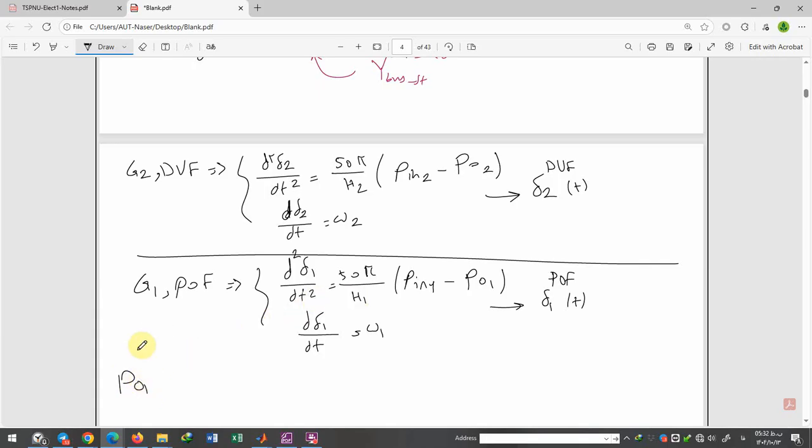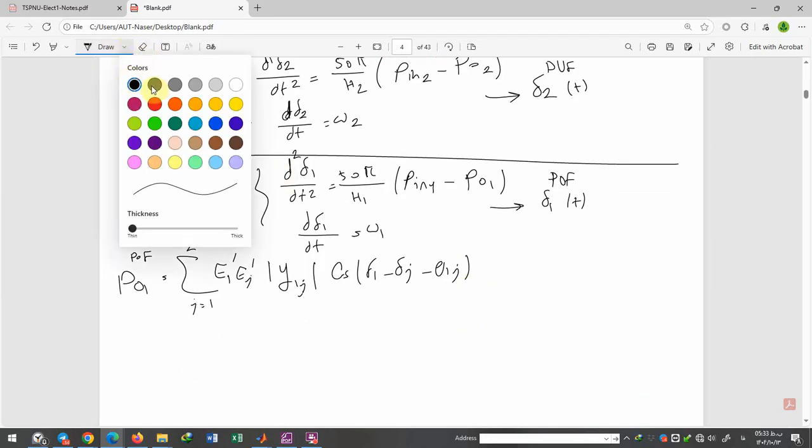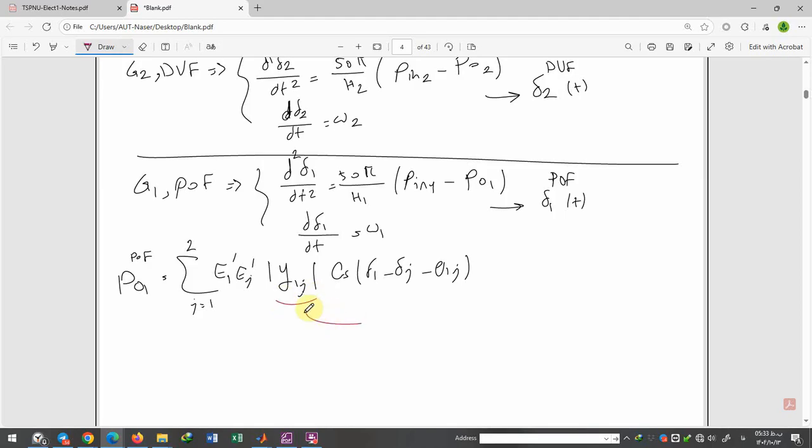Pe1 in post-fault is equal to the sum over j equal to 1, 2 of E1 prime, Ej prime, Y1j magnitude, cosine of delta 1 minus delta j minus theta 1j, and you have to use Y bus stability post-fault reduction for the magnitude of Y1j.